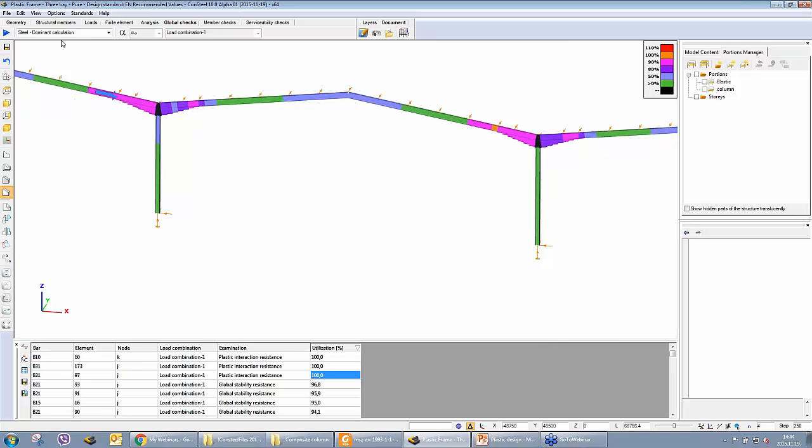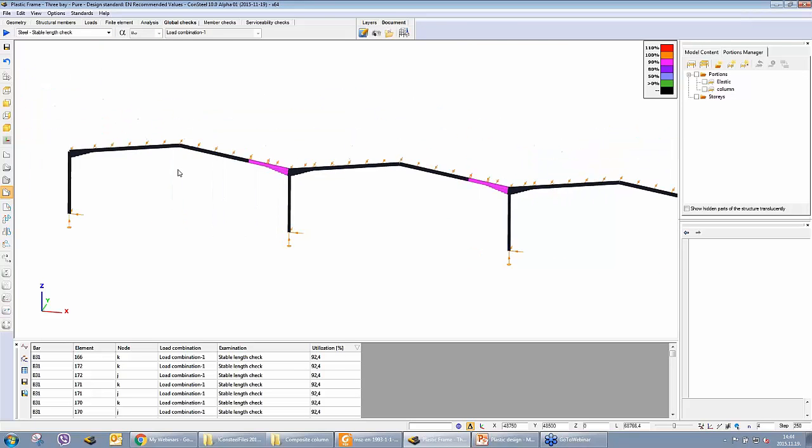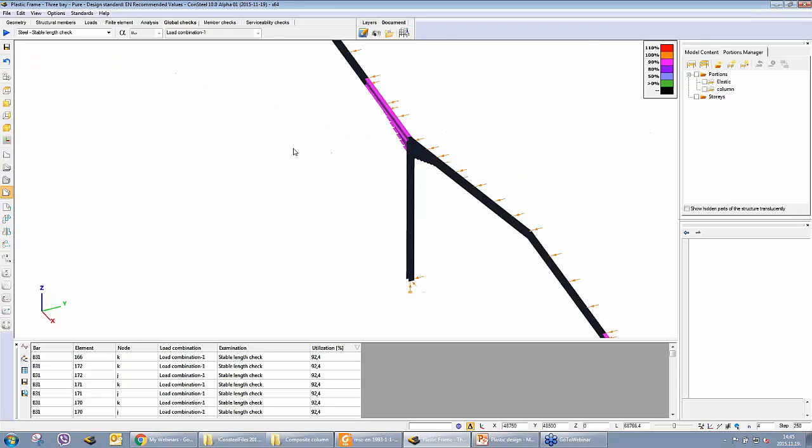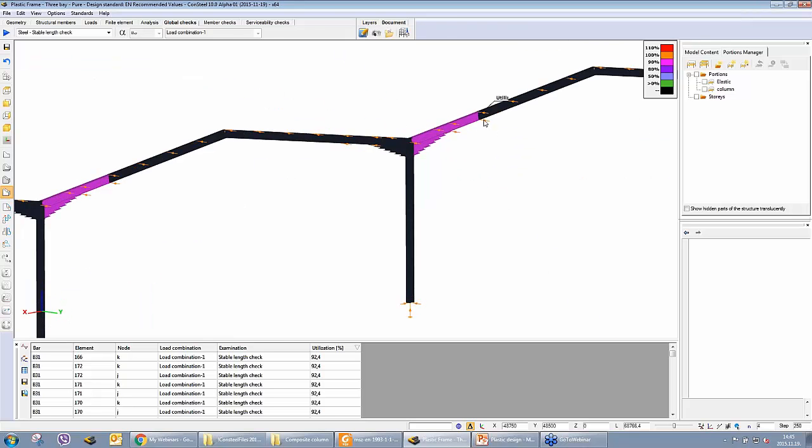And if we see the stable length check, now we can see that the stable length check is not valid for that segment, because now we closed with complete rotational restraint by putting here this additional bottom flange restraint.